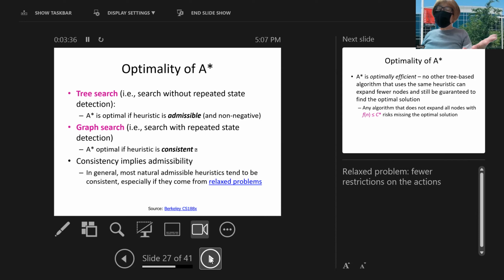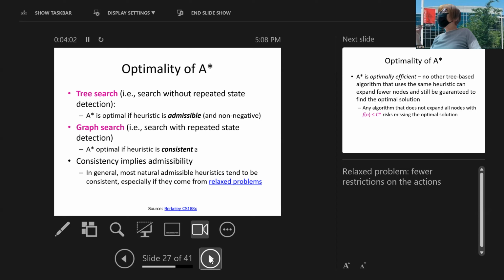So regarding A star, what's the condition for its optimality? Optimality means finding the least cost one. Here it says A star is optimal if the heuristic is admissible.